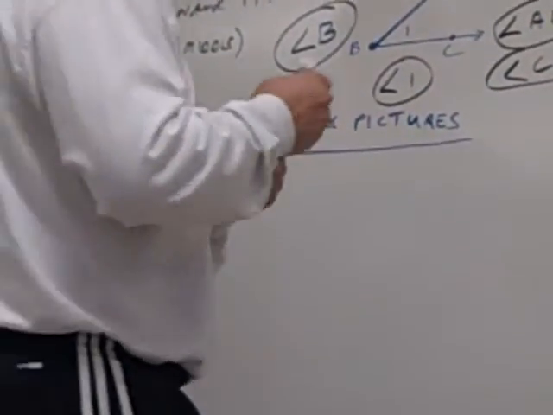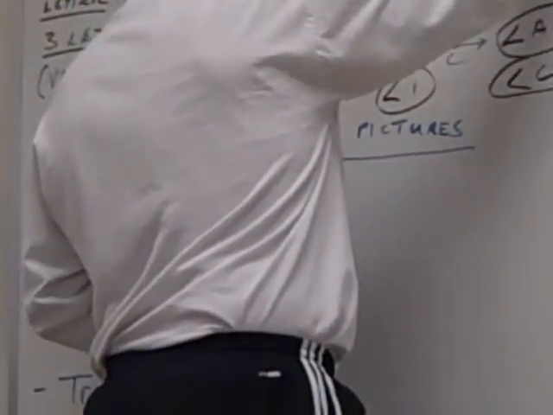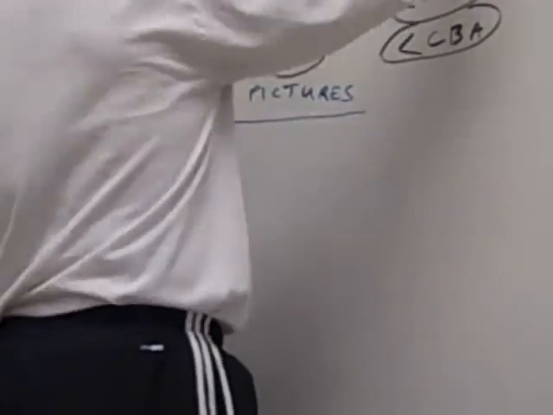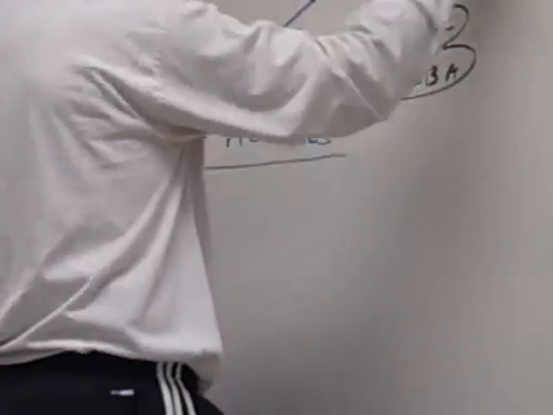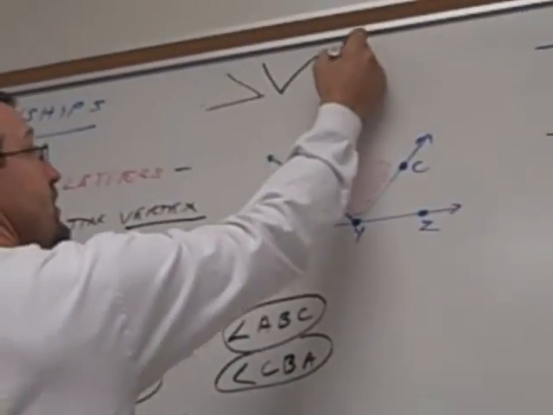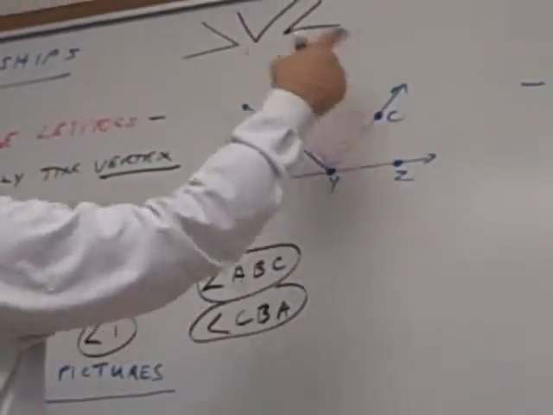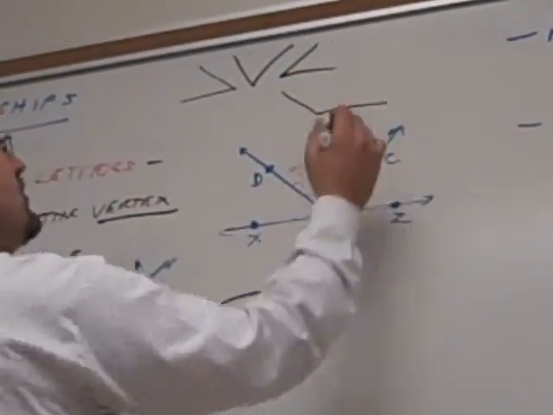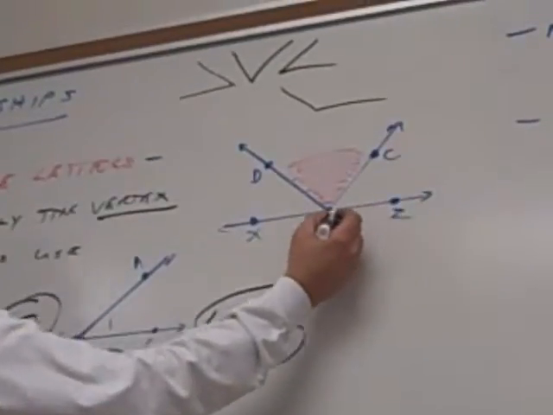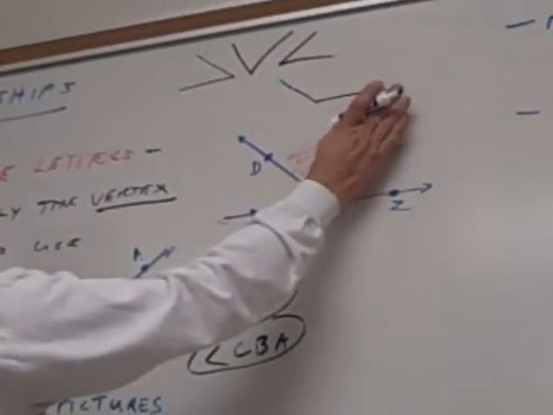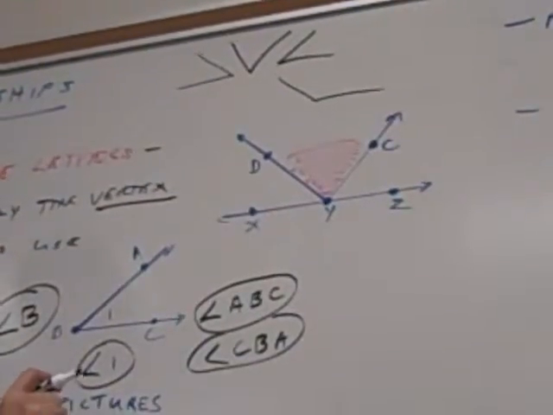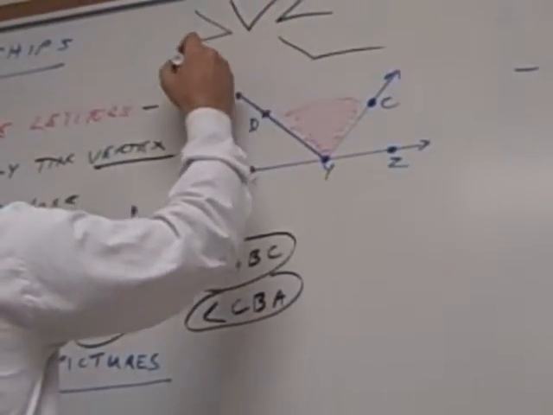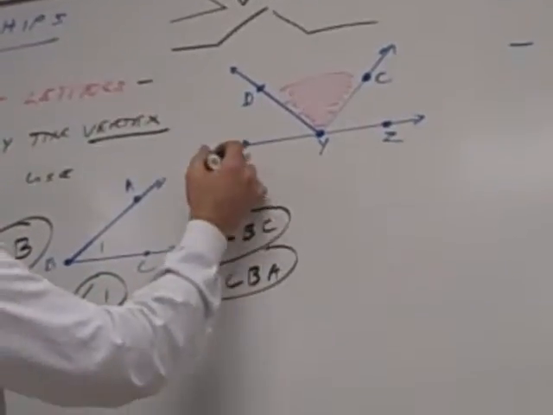Just a little side note. Do you see that one, right there? Do you see this one? Do you see that one? Yes, 3. Very good. Do you see this one? Ignoring that. Do you see that one?